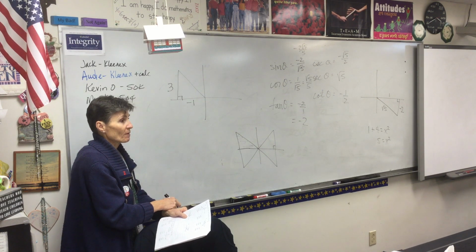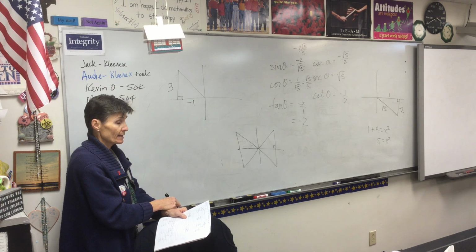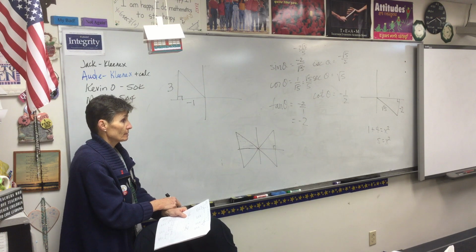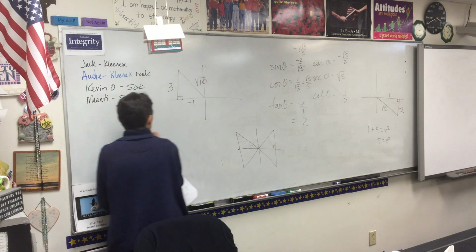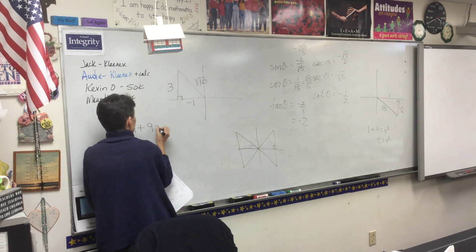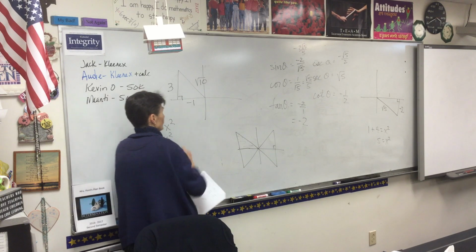So you'll do your Pythagorean theorem and get, not 10, the square root of 10. Remember, you have 1 plus 9 equals x squared, so the hypotenuse equals root 10.